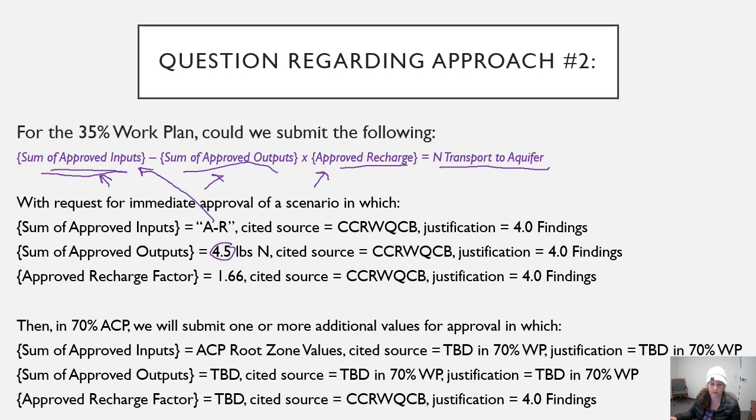This 4.5 would be our requested sum of the approved outputs, and then this 1.66 would be our requested approved value for recharge. And then if that was approved, in the 70% ACP, we would submit one or more additional values for approval. So it would still fit in this framework, but we'd be looking for approval of something other than these numbers to go in that framework.